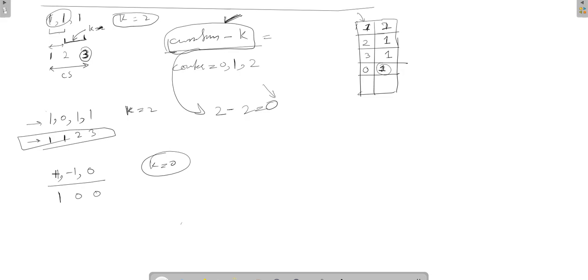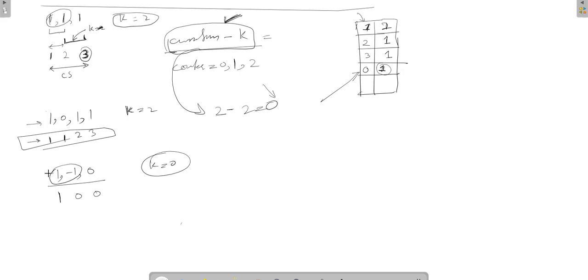If you notice, for this one we would have 1 minus 0, so we'd be looking for 1, but that 1 is not anywhere right before this, so that won't work. So then we'll look for 0 minus 0, and that is also not anywhere.